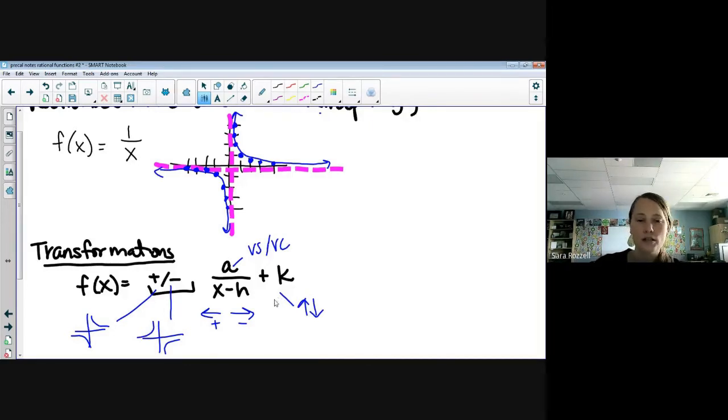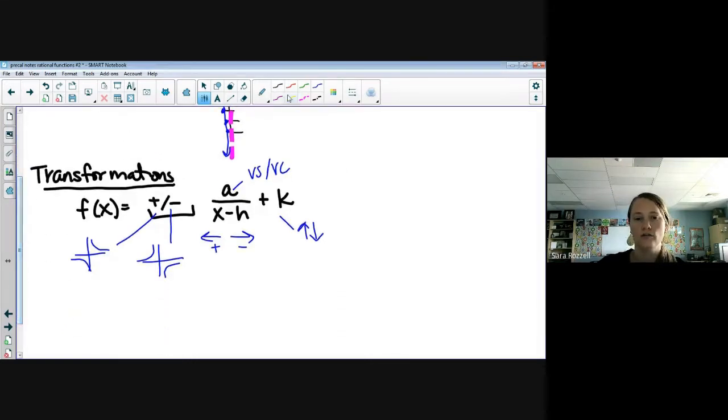Okay. So we're going to do one transformation one. We'll write out what the horizontal and vertical asymptotes are, also the domain and the range for extra practice.